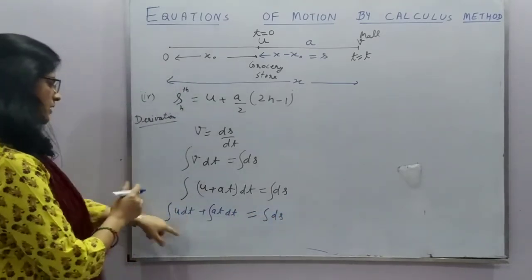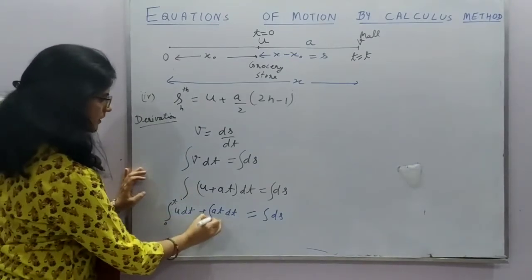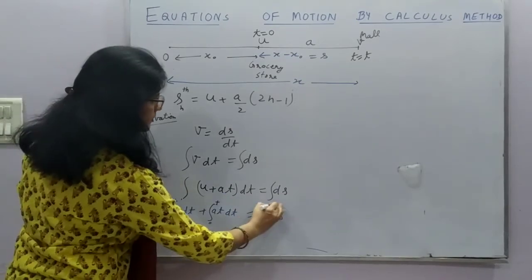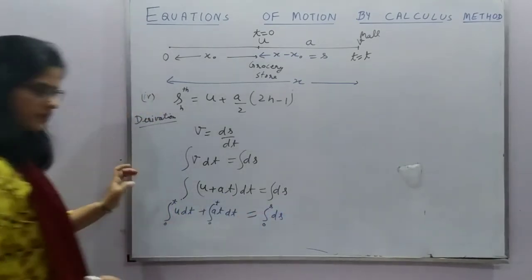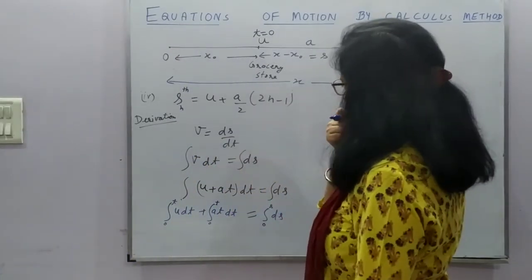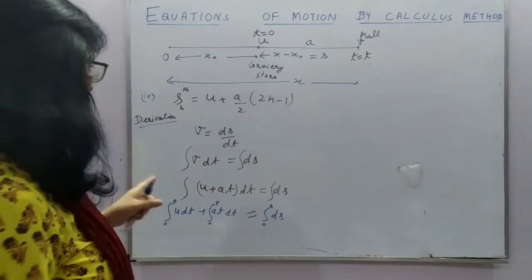Now limits. Time limits 0 to t, and distance limits 0 to s from the figure. Now, time limits we don't have to put 0 to t.